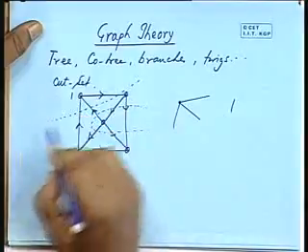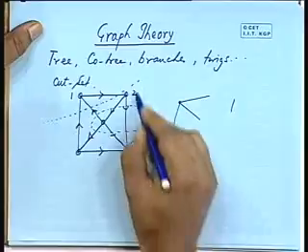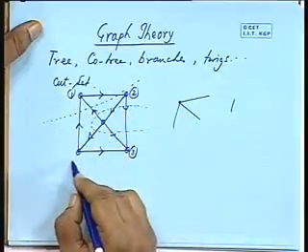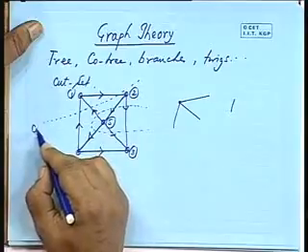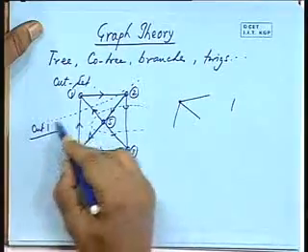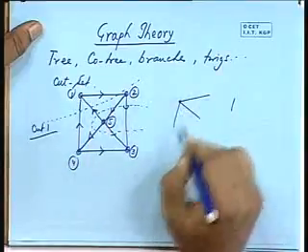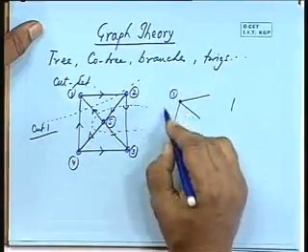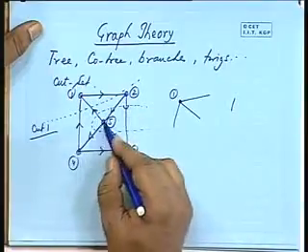You see, if I call these node numbers 1, 2, 3, 4 and 5, this is cut 1. By cut 1, these three elements are connected to node 1 and others are connected to node 2, 3, 4, 5.